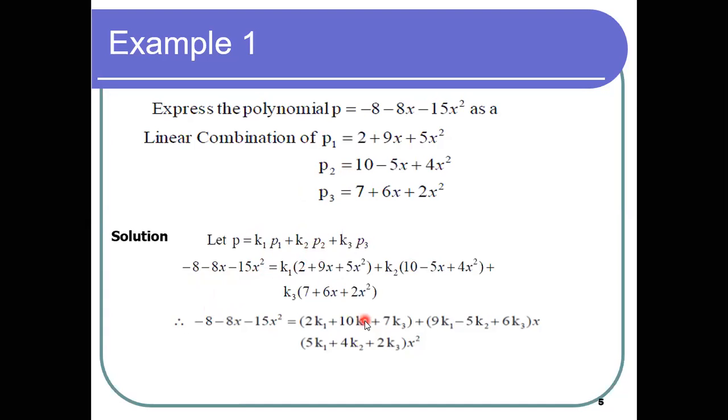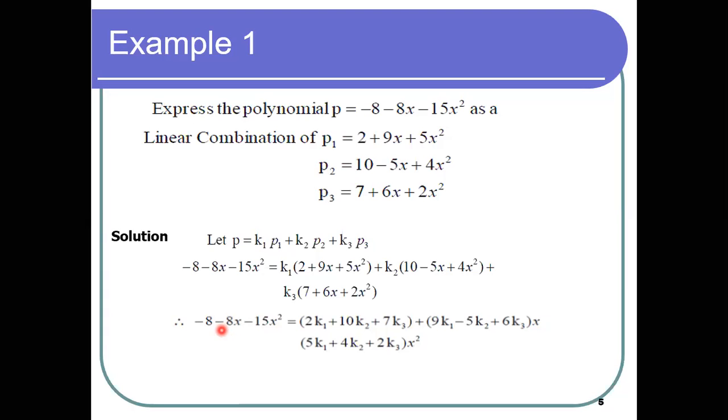We multiply all these polynomials with Ki, take the coefficient of the constant term, the coefficient of the x term, and the coefficient of x squared, and compare these with the left hand side.